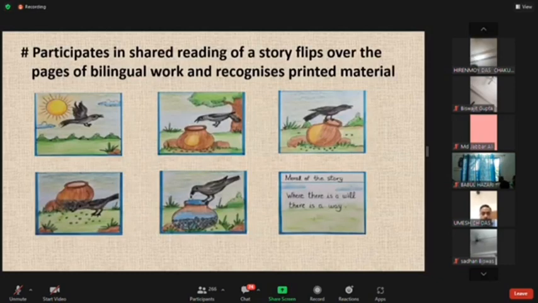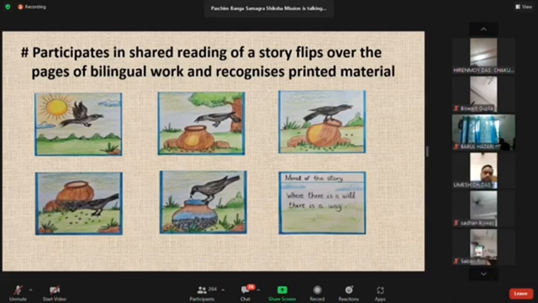This is another important part, that is storytelling. Sometimes we think that the children are very small, they can't tell a story in English. How would it be possible? It is possible if we make picture reading familiar to them. At first, in their vernacular, they will tell, and then gradually we will convert it into English.